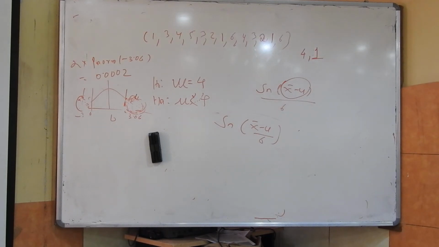But this will also be smaller, the larger the sigma. Right? What is sigma? Sigma or sigma by root n. What is sigma by root n? The variability of my empirical observation.